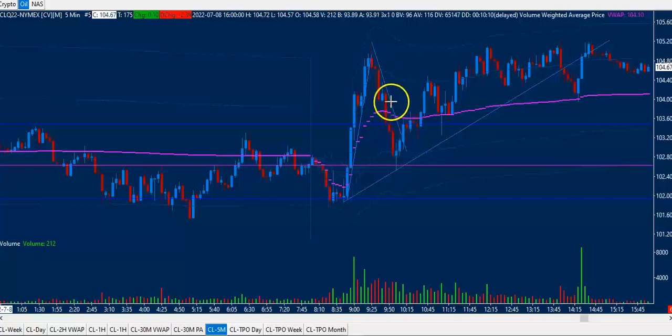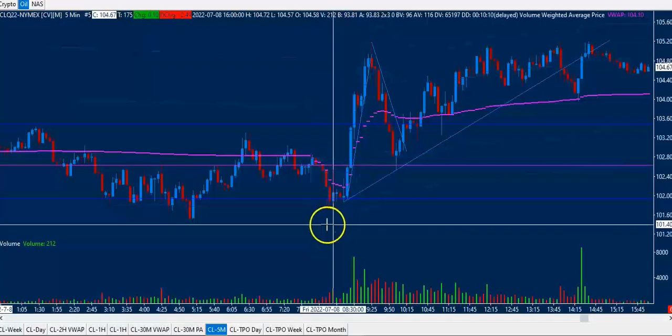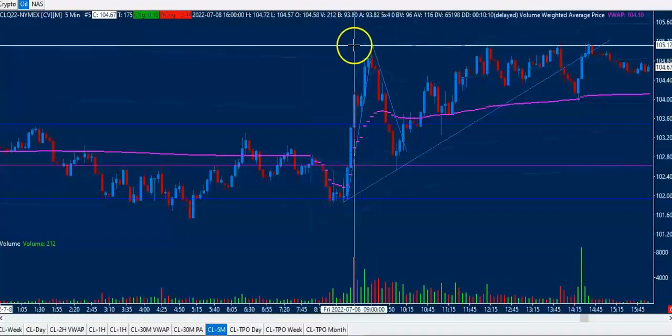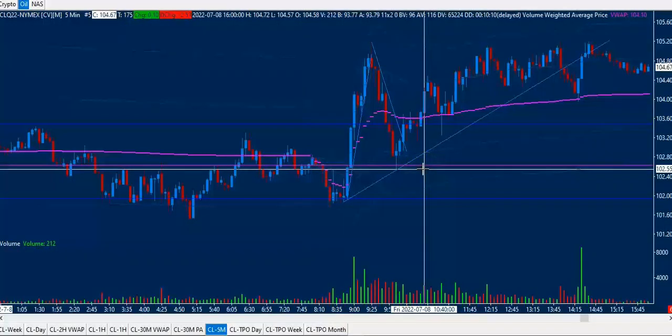So in anticipation of this, since we don't know how far price is going to retrace at that point, we can see that price is essentially, so we got 101.82, 105.13, 102.55.